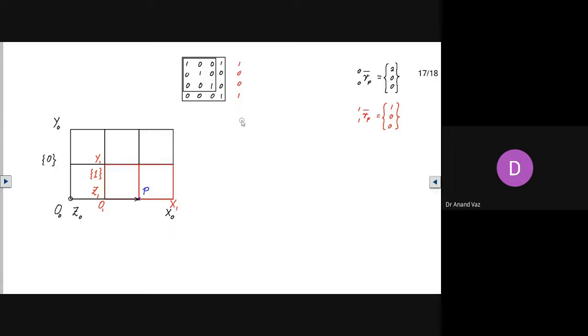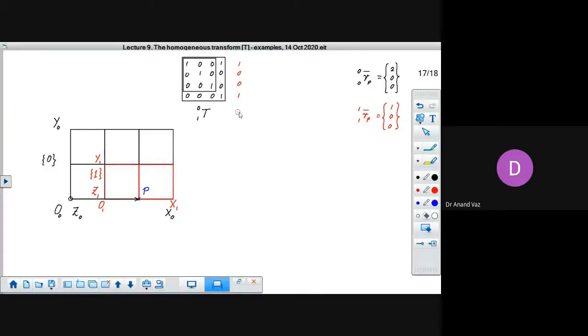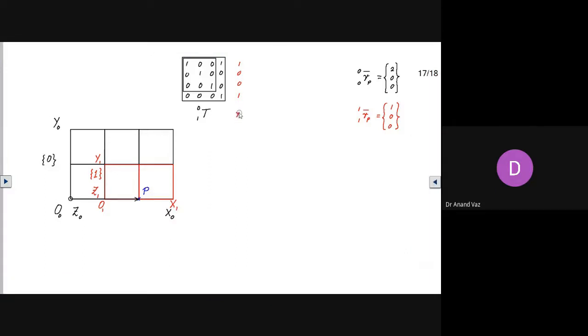So here we have the T matrix locating from frame 1 to frame 0, and here we have the position of the point P observed and expressed in the frame 1. We have also augmented it with the 1 below. Okay.